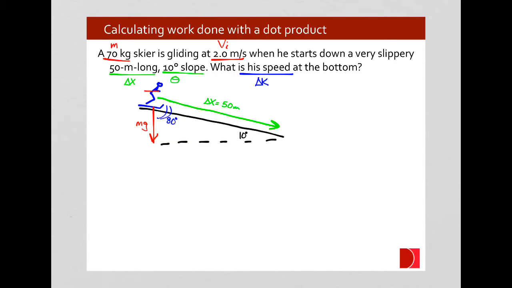And so we can say the work done on our skier is the force that's acting on him, in this case gravity, times his displacement, times the cosine of the angle between the two. In this case, it's mg times his distance times the cosine of that angle.